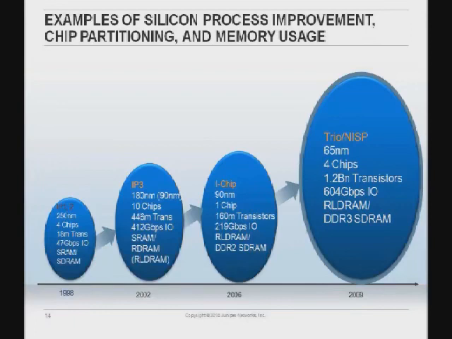Later, in 2006, we released the I-chip, which is a 1-chip 10 gig PFE, also designed using a 90 nanometer process. At that time, we switched to RL DRAM, the reduced latency DRAM, as our control memory, mainly because, as I talked about before, we foresaw that SRAM improvement had slowed down.